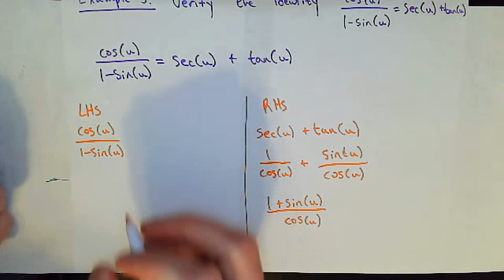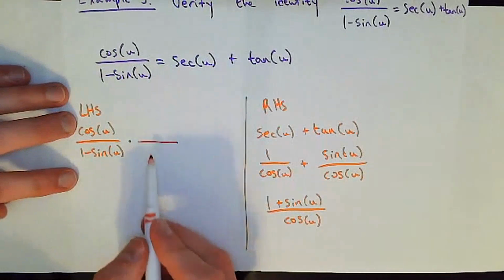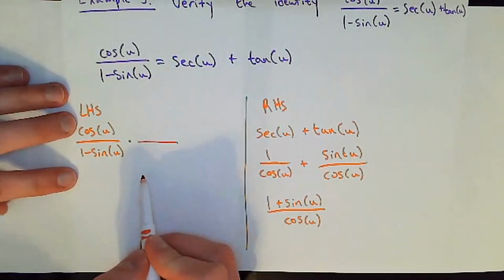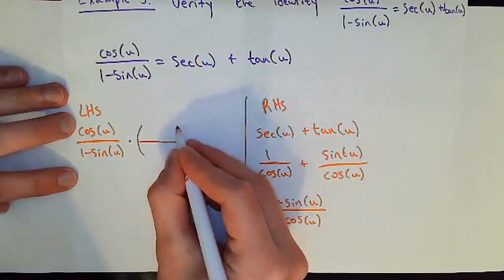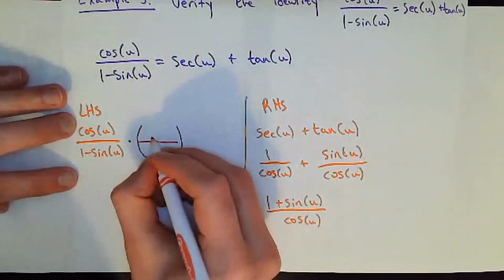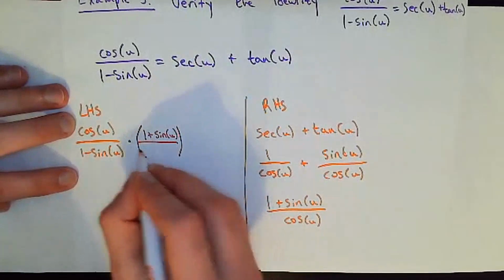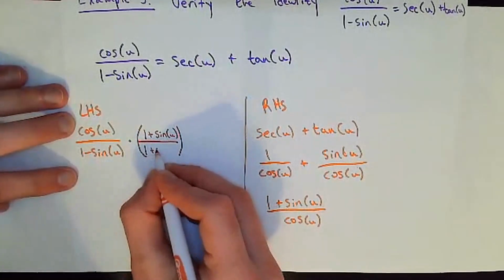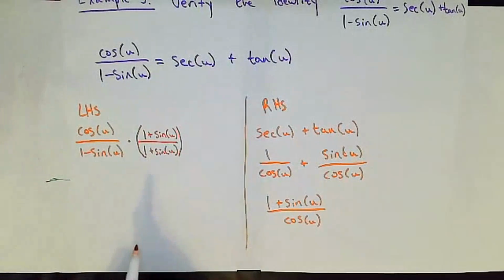We're going to do a similar thing here, where we multiply by 1, something in the top and bottom that's the same. So technically I'm just multiplying by 1, in the form of 1 plus sine of U over 1 plus sine of U. This is a legitimate thing to do because it's the same in the top and bottom.